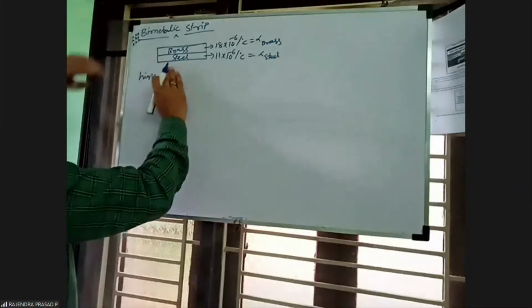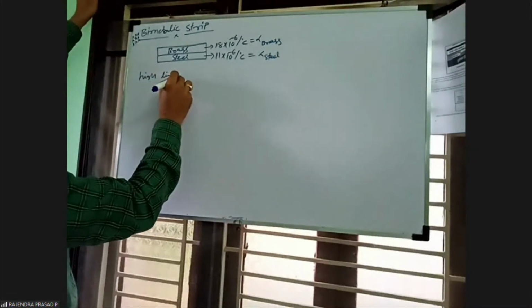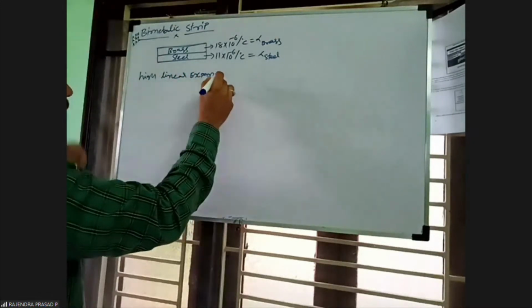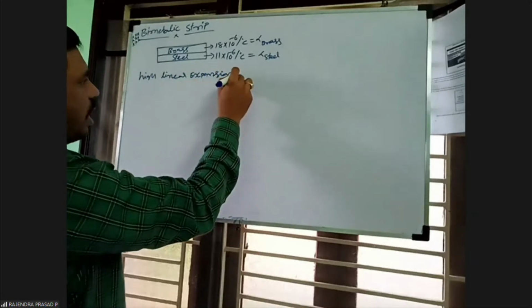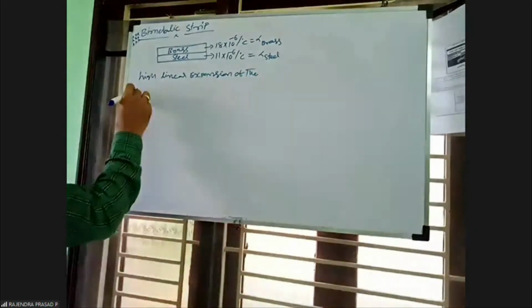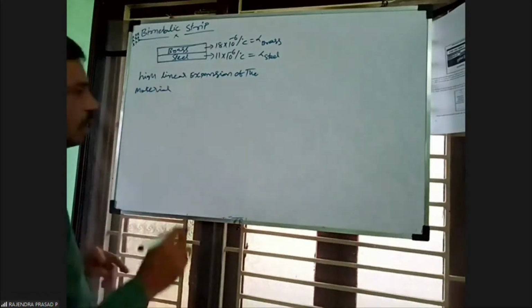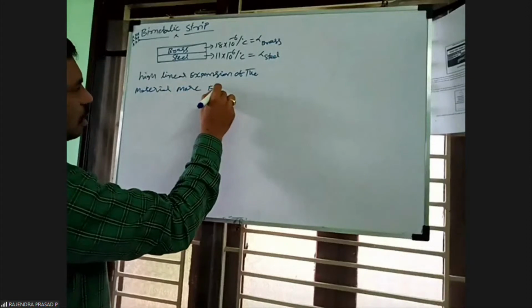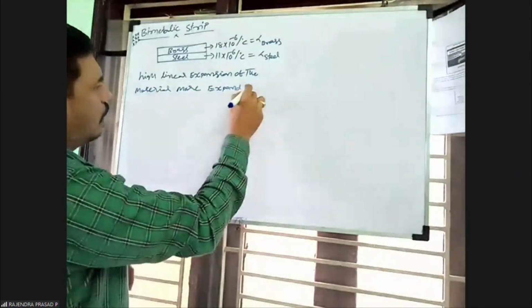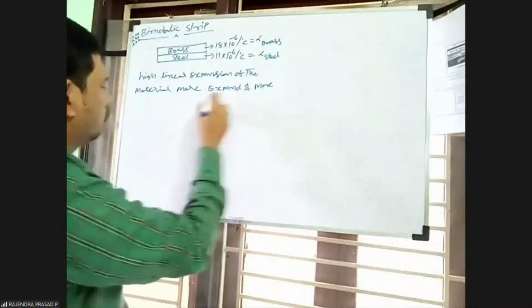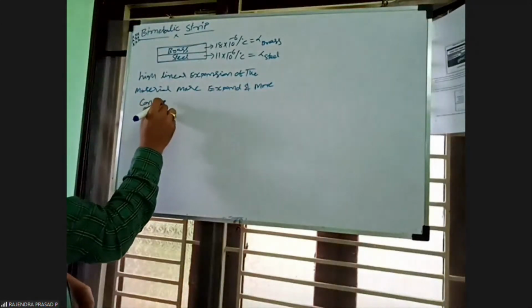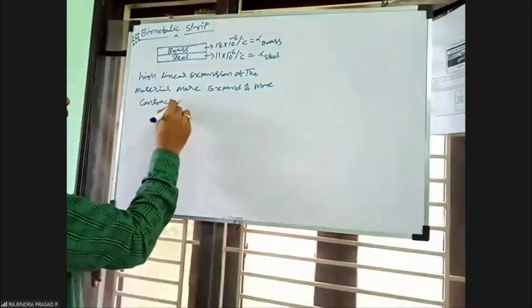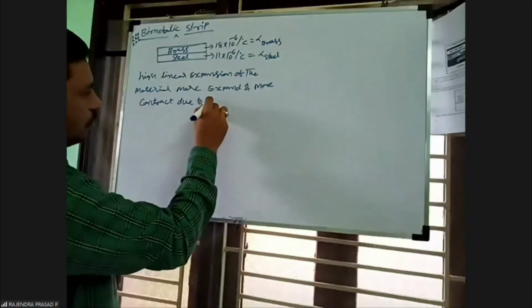High linear expansion of the material means it expands more and contracts more due to heating and cooling.